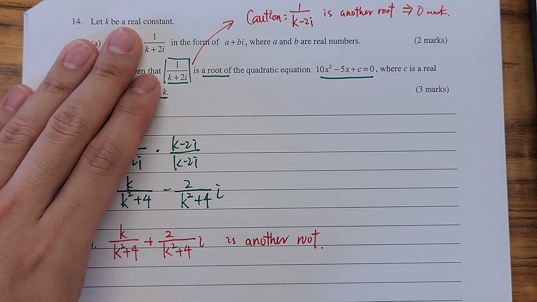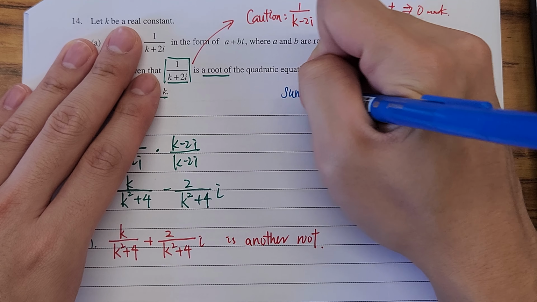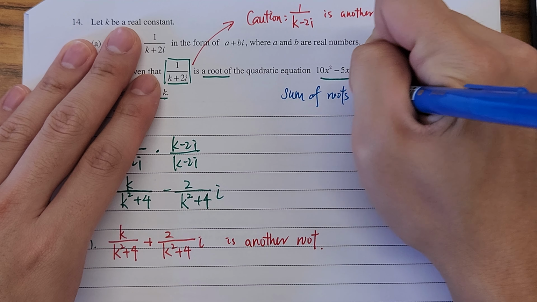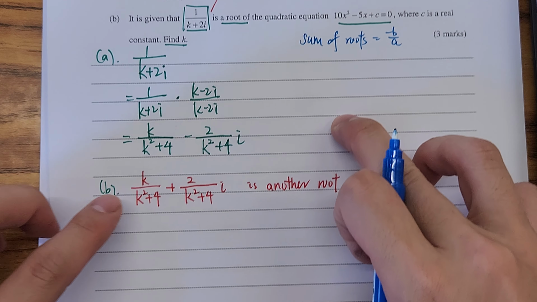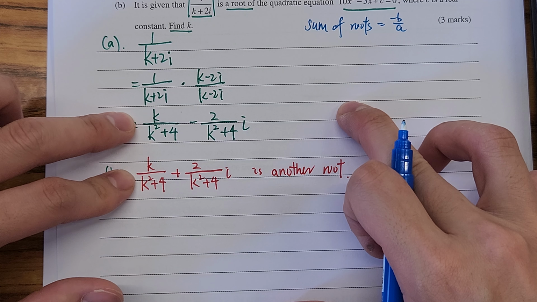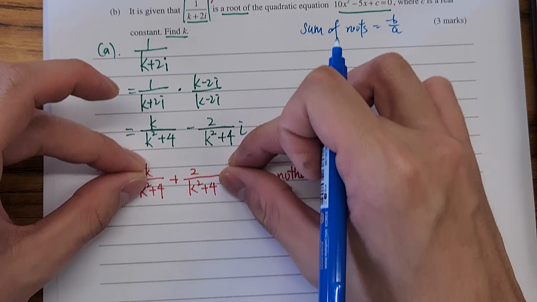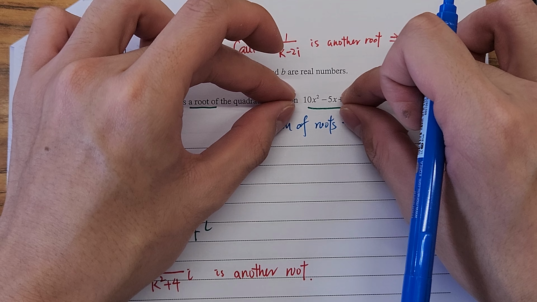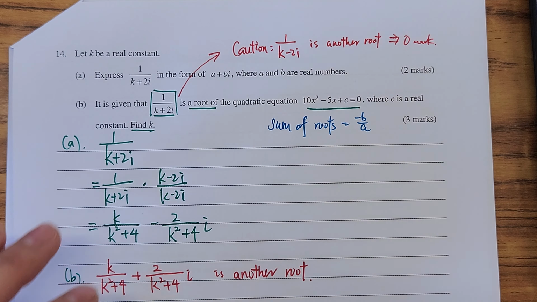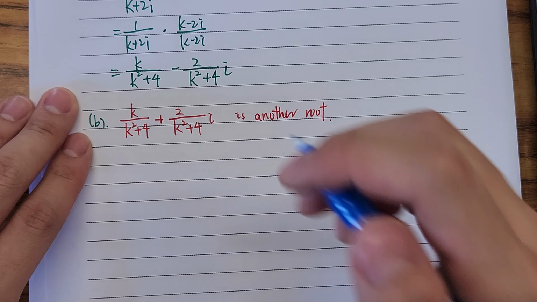So actually we can think about the sum of root. The sum of root should be negative b over a, right? And we know these two are the roots. When we add these two up, it should be equal to negative b over a. Actually, it's negative 5 over 10. So let's do it.